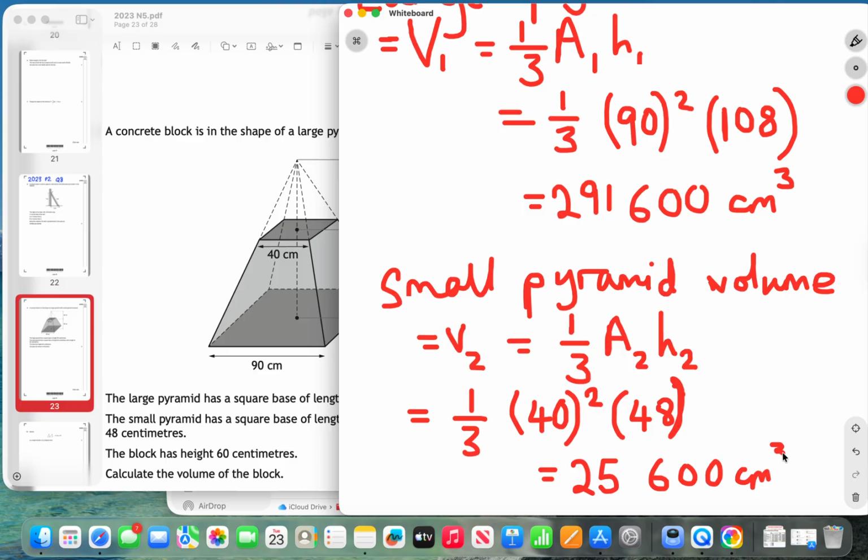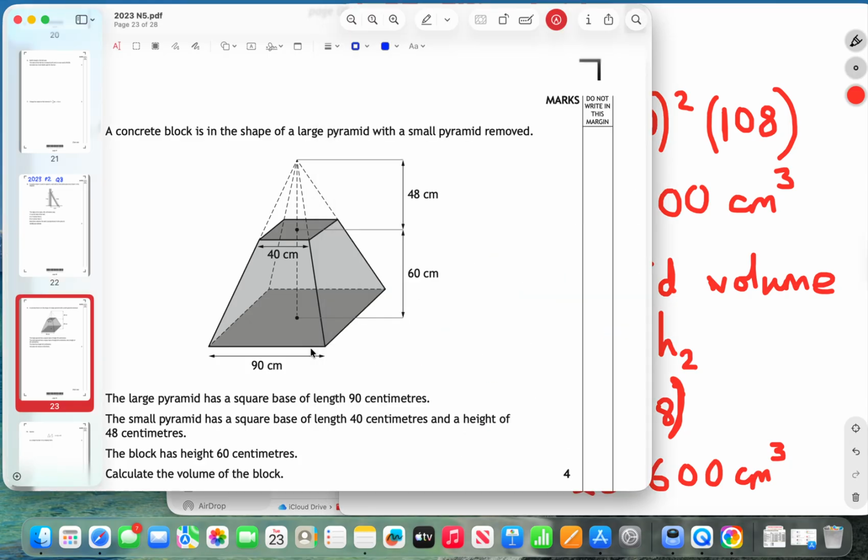We have the large volume and the small pyramid volume. To get the volume of the block, we have to take the small volume away from the large volume.